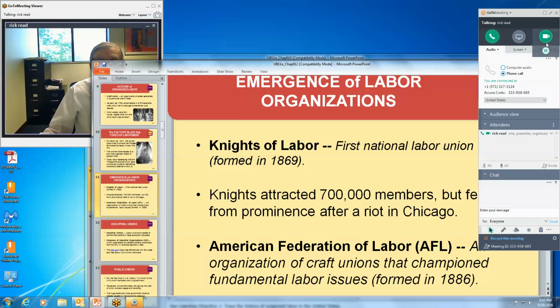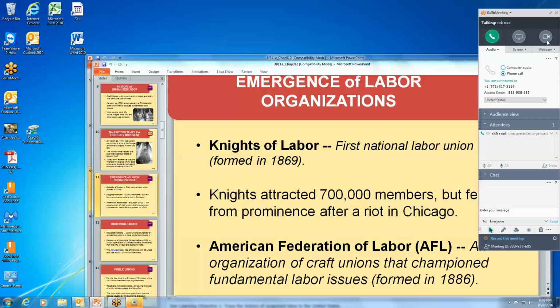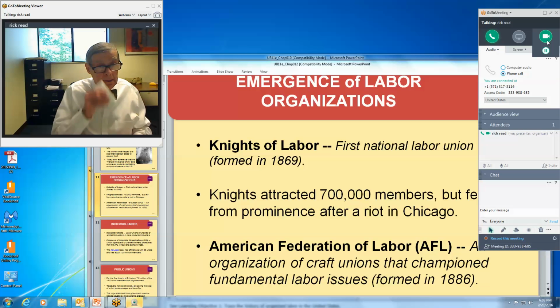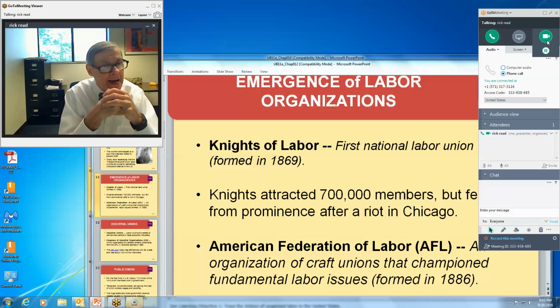What we had here is the first organized union, if you will. The first organized national union was the Knights of Labor, formed in 1869. It had about 700,000 members, and then faced a calamity during a strike in Chicago in the early 1880s. There was a lot of ballyhooing back and forth between the police on one side and the union on the other.